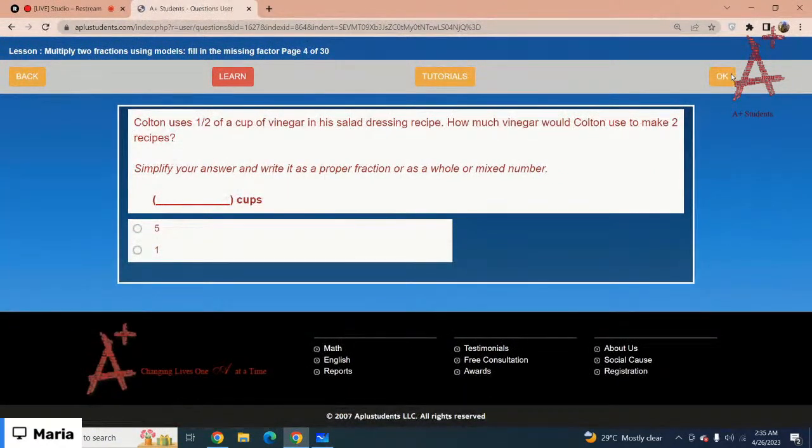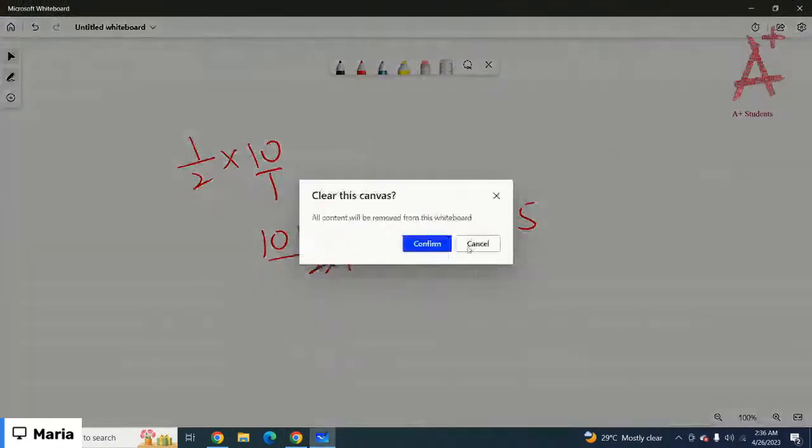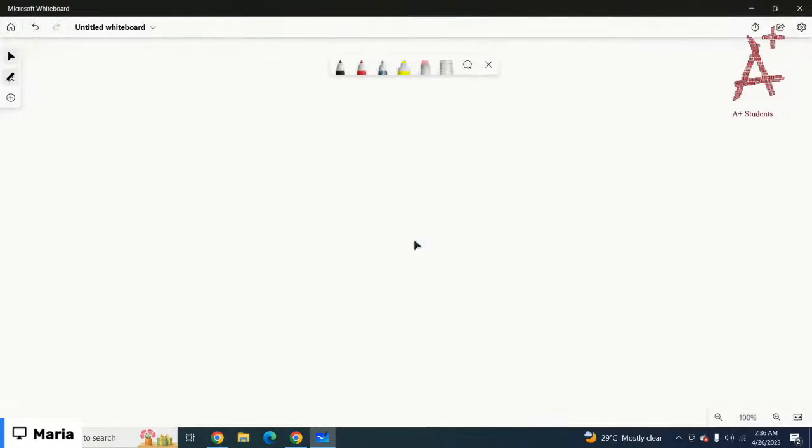Okay, Colton uses half of a cup of vinegar in his salad dressing recipe. How much vinegar would Colton use to make two recipes? So you need to do 1 over 2 times 2. So just do numerator times numerator and denominator times denominator.